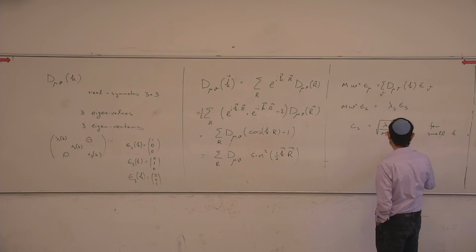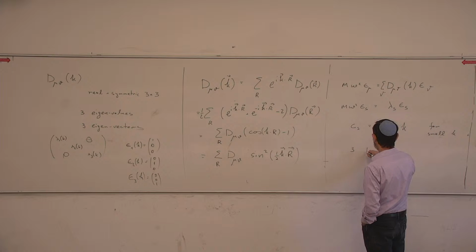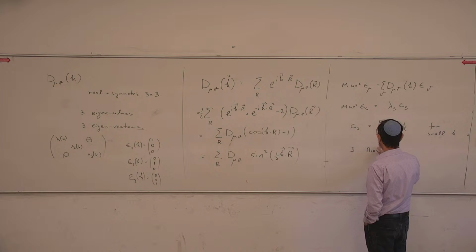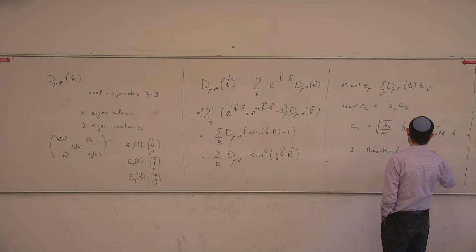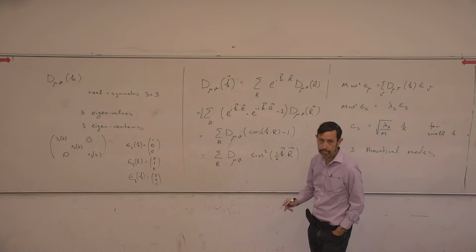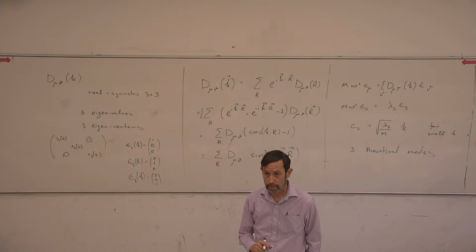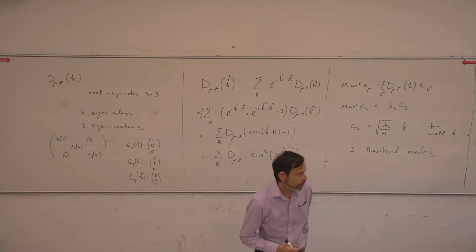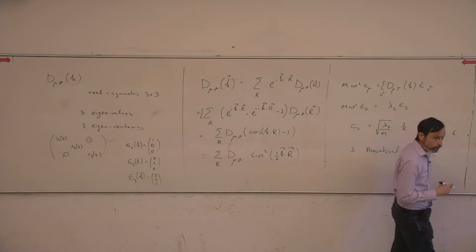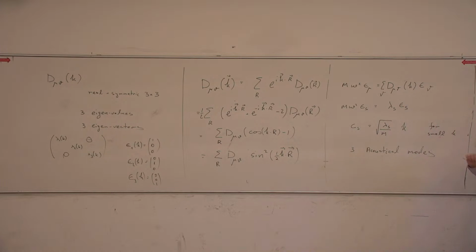So I end up with 3 acoustical modes. If I would, in some imaginary universe, have a 5-dimensional lattice, I'd have here 5 acoustical modes.